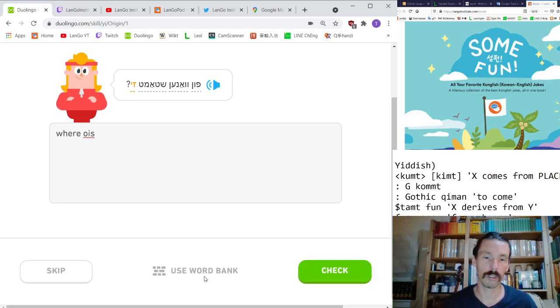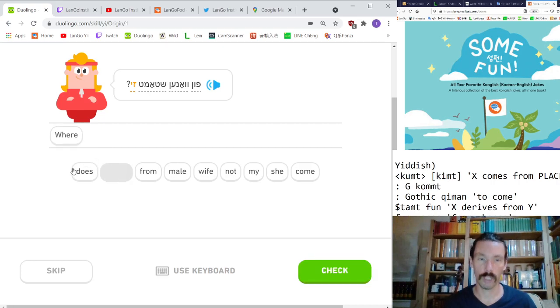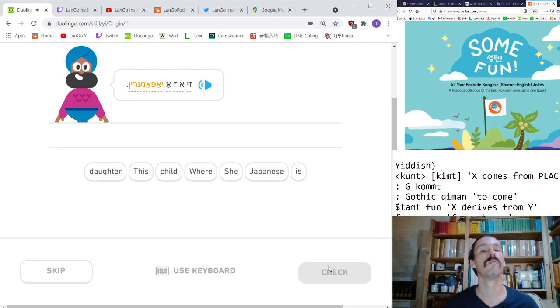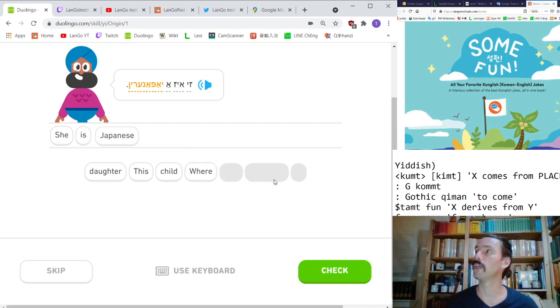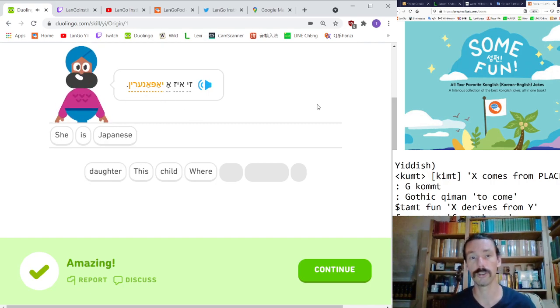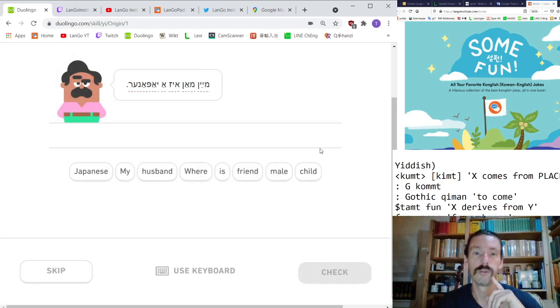Let's use the word bank. Does she come from? As you wish. Sie ist eine Japanerin. With the e sort of syncopated there. She is, we make it abstract in English, not Japanese, but Japanese, but it's indefinite. Japanerin, a person. The in suffix of Yiddish, female, human.